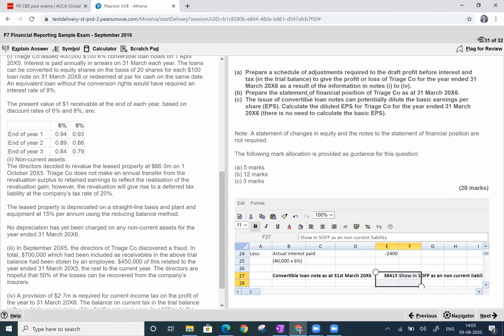However, the revaluation will give rise to a deferred tax liability at the company's tax rate of 20%. Leased property is depreciated on a straight line basis and plant and equipment at 15% per annum using reducing balance method. No depreciation has been charged on any non-current asset for the year ended 31st March 20X5.